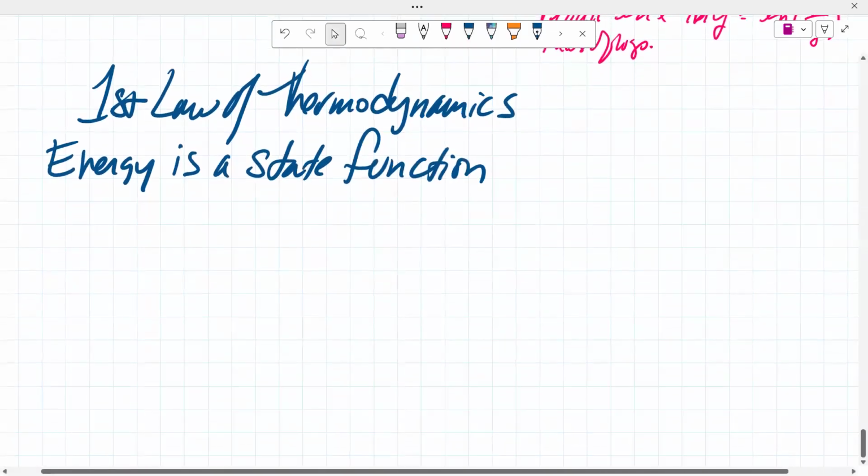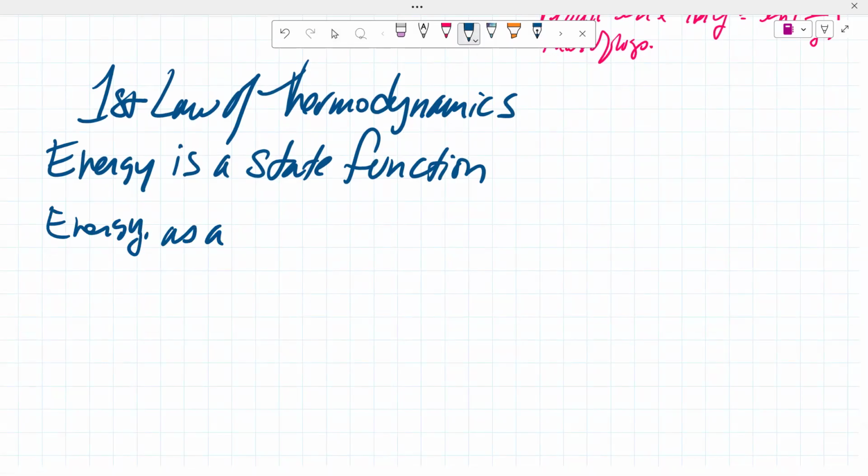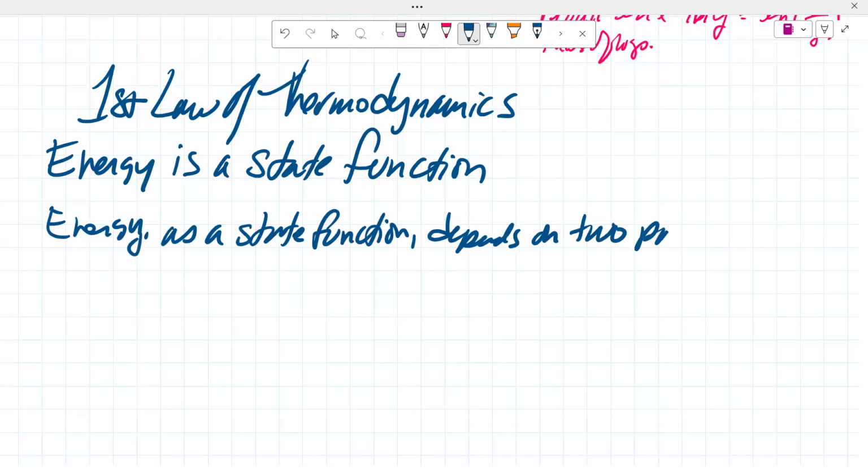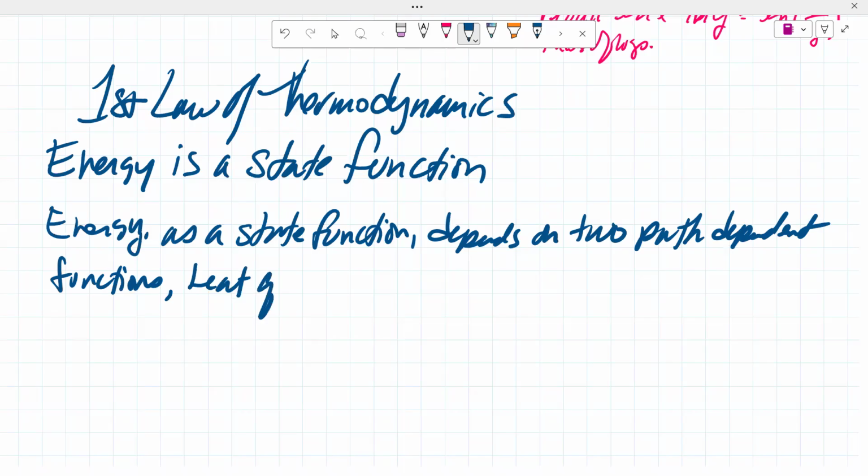So energy as a state function depends on the two path dependent functions, heat and work. Heat has the letter Q, and work has the letter W.